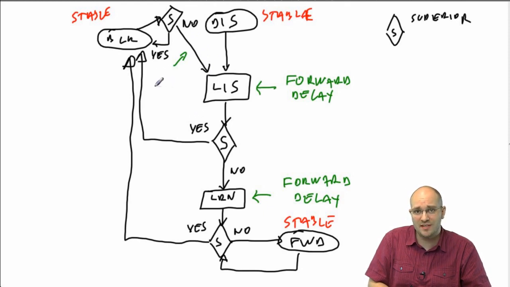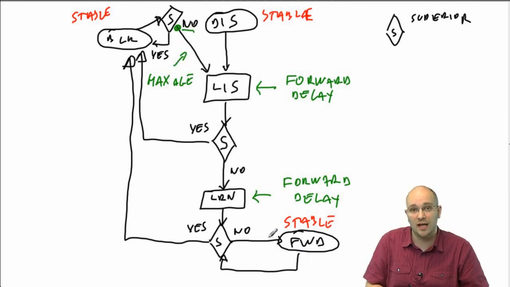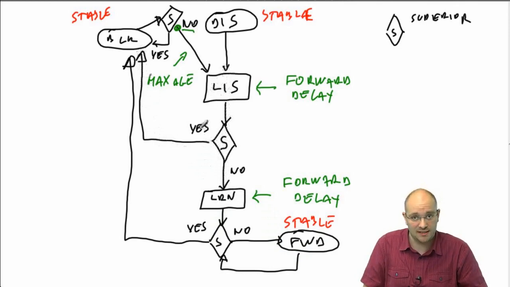If we stop receiving superior BPDUs for a max age time, remember what max age is: how long we can keep a superior BPDU stored. So if you're no longer receiving a superior BPDU for the max age timer, we are going to transition to the listening phase, and we are going to try to transition the port into a forwarding state. But if at any point here we receive a superior BPDU, we are going to go back into a blocking state.